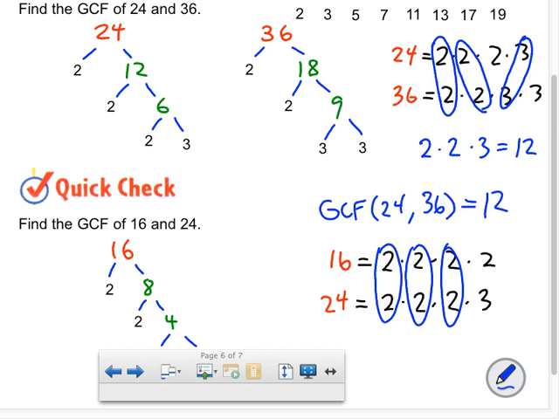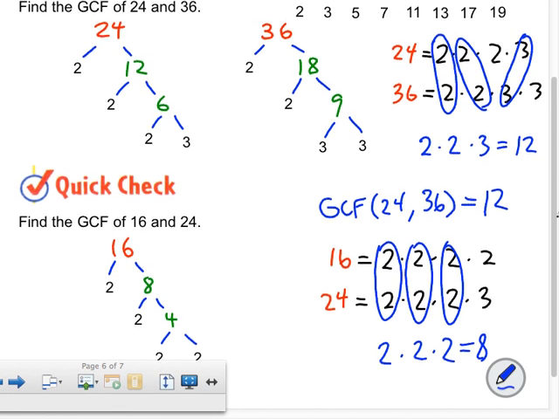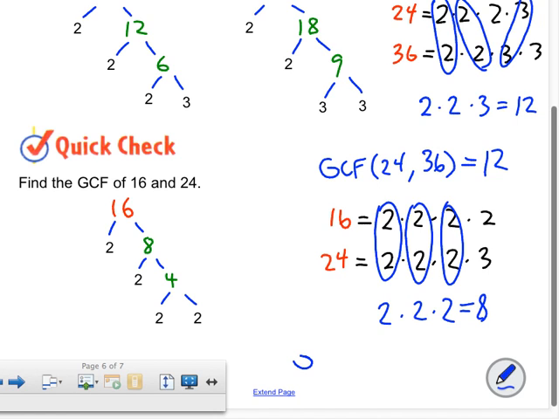So identify what's in each of my sets. I got a 2 here, a 2 here, and a 2 here. And then 2 times 2 times 2 is what? 8. So my GCF of 16 and 24 equals 8.